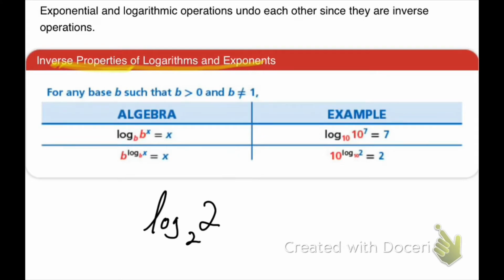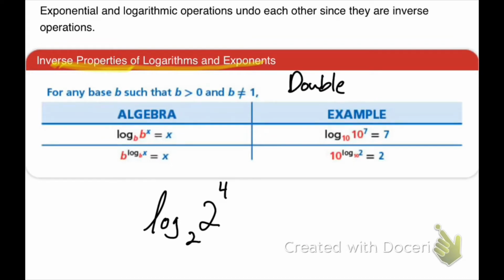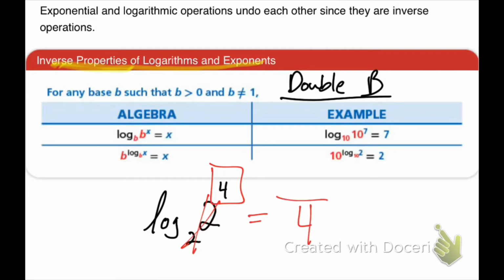So if those two numbers are the same, let's say it's raised to the power of 4, let's refer to this as double B, because those two numbers are the same. Well, they just cancel each other out. And this will be equal to this exponent here, so that will be equal to 4. That's what that log equals. You see here, the bases are the same, they cancel out, and I'm left with the exponent.